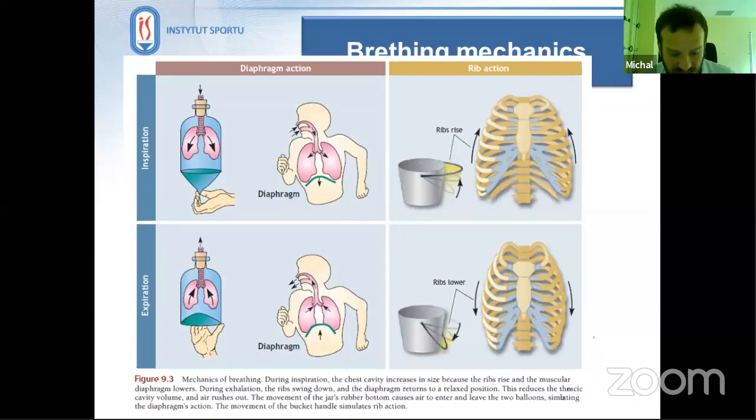That's when our inspiratory muscles are used to support exchange of oxygen and carbon dioxide in our lungs. Expiration is rather a passive phase.